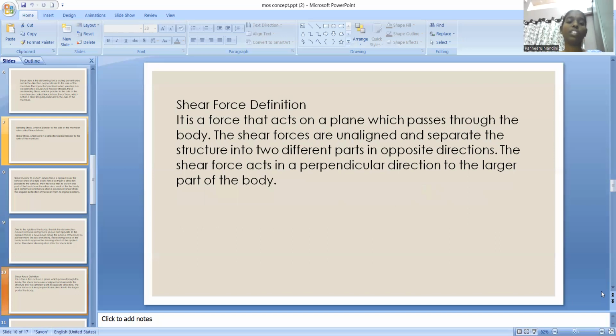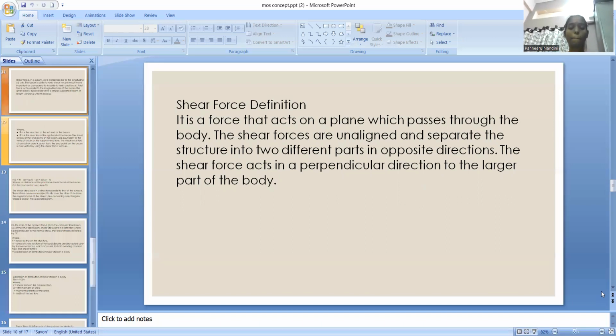Shear force definition. It is a force that acts on a plane which passes through the body. The shear forces separate the structure into two different parts in opposite directions. The shear force acts in a perpendicular direction to the larger part of the body.